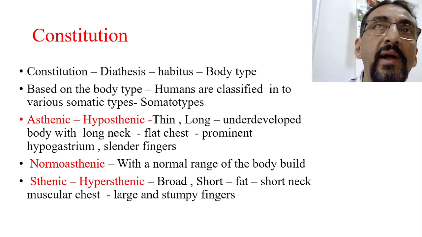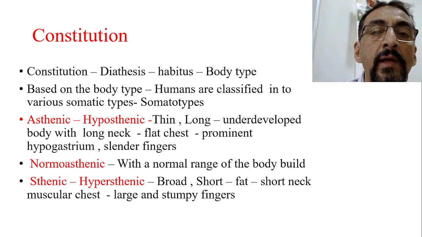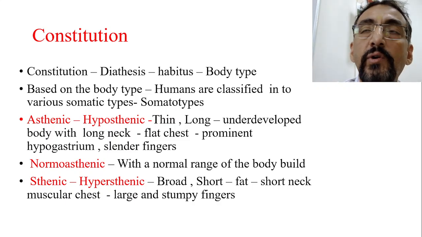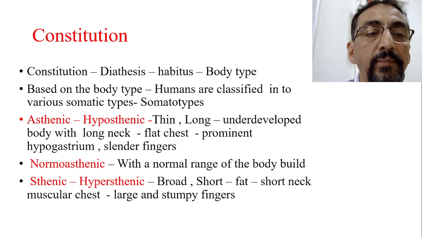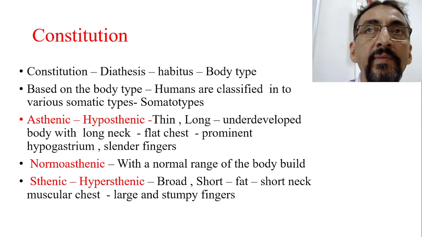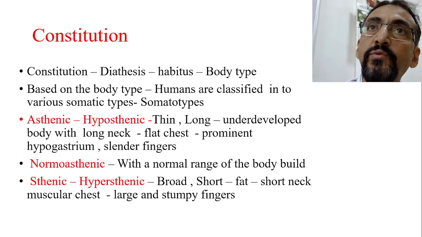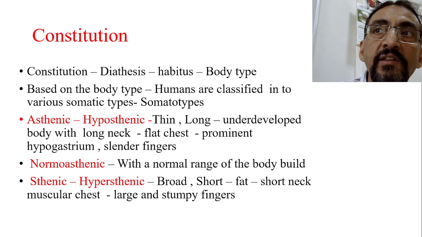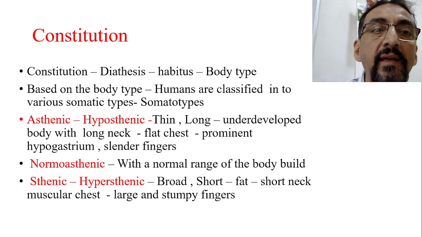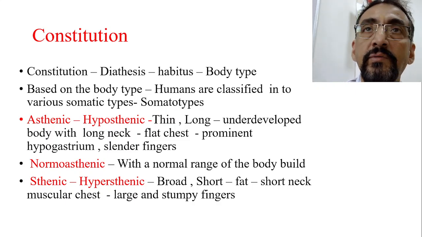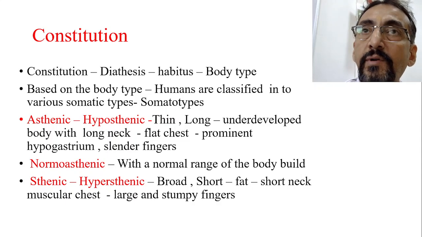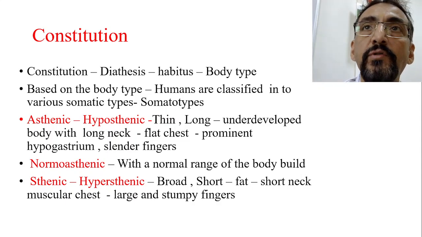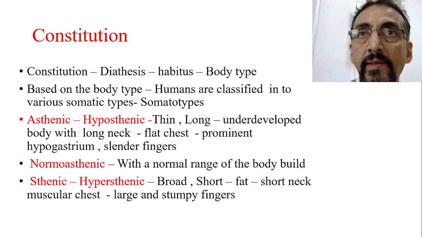Somatic means physical, bodily types, and this is also called somatotypes. When we are approaching the patient, the first thing we have to identify is whether this particular bodily feature of the child is constitution based or non-constitution based, in the sense, whether this body constitution is normal for this particular child or not.